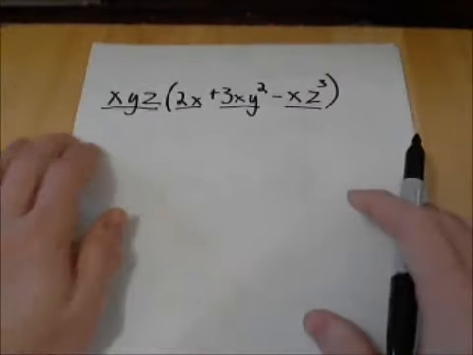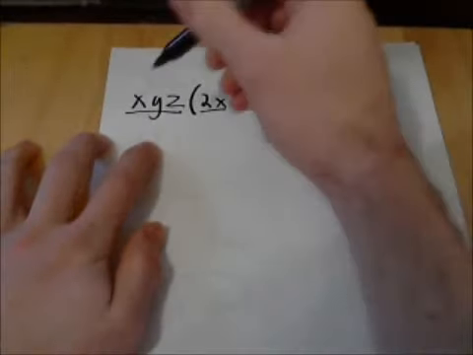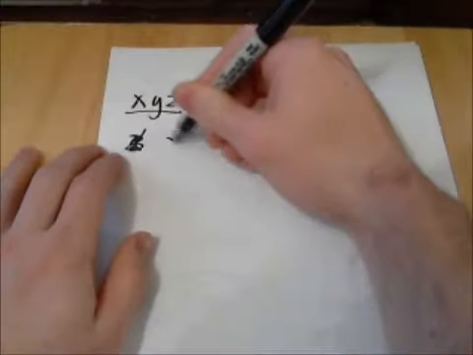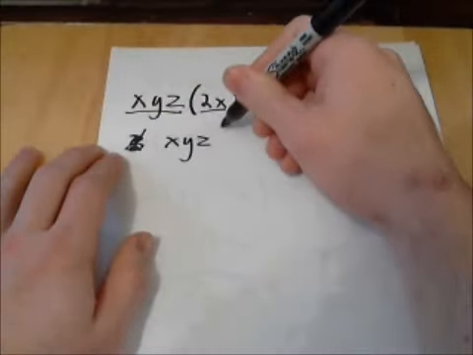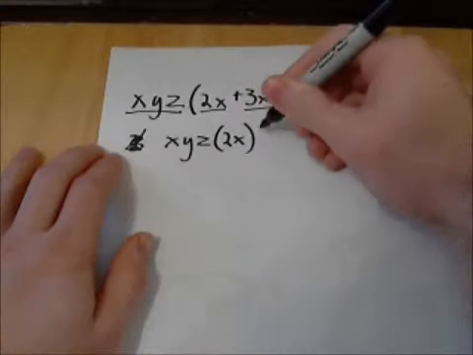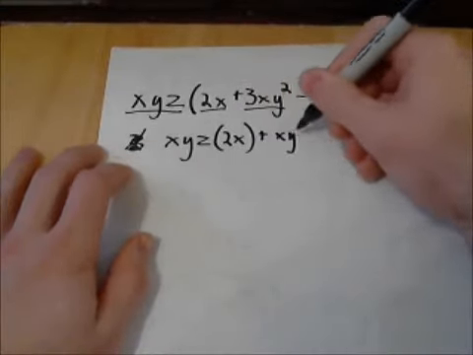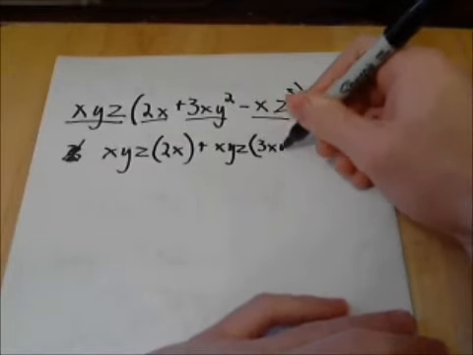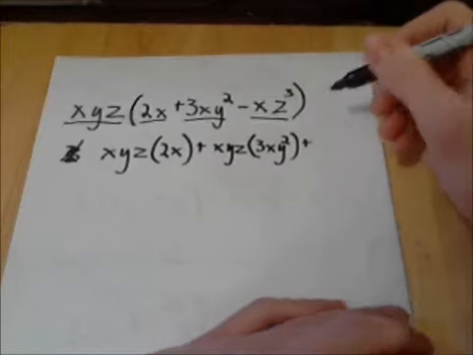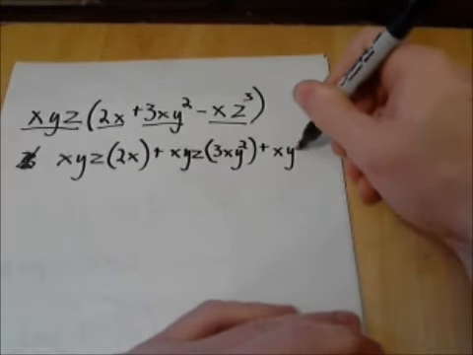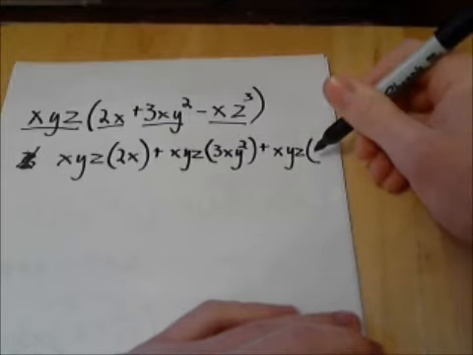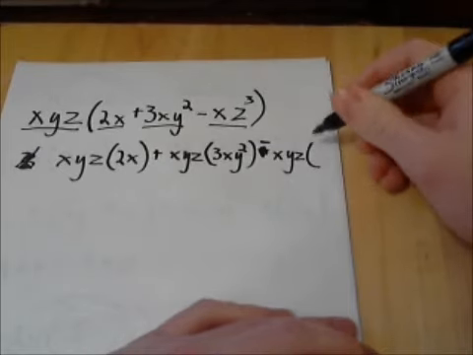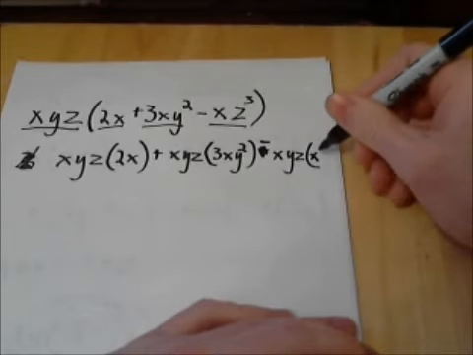Don't make it more confusing than it is. So here we go. We're going to have xyz times 2x plus xyz times 3xy squared minus, sorry about that, that's going to be a minus right there, xyz times xz cubed.